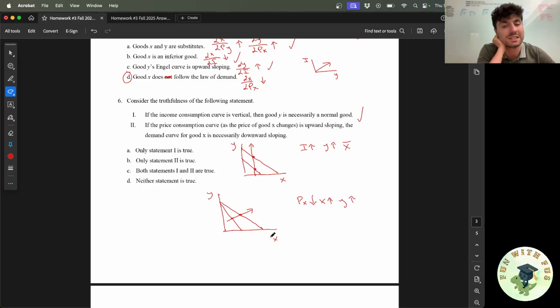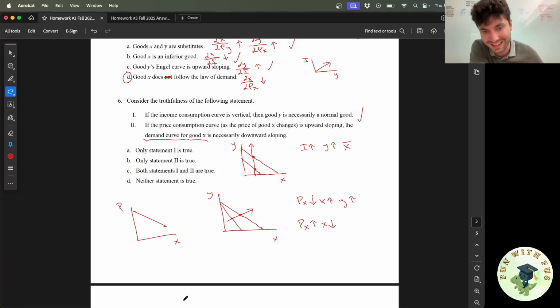And I think all that this little phrase, the demand curve for good X, is just referring to the law of demand, which says that as the price of X increases or decreases, I would expect the opposite response in X. And that's blanket ECON101 stuff that hopefully is clicking in your brain: if we just did X and price, that typically has a downward sloping relationship due to the law of demand.